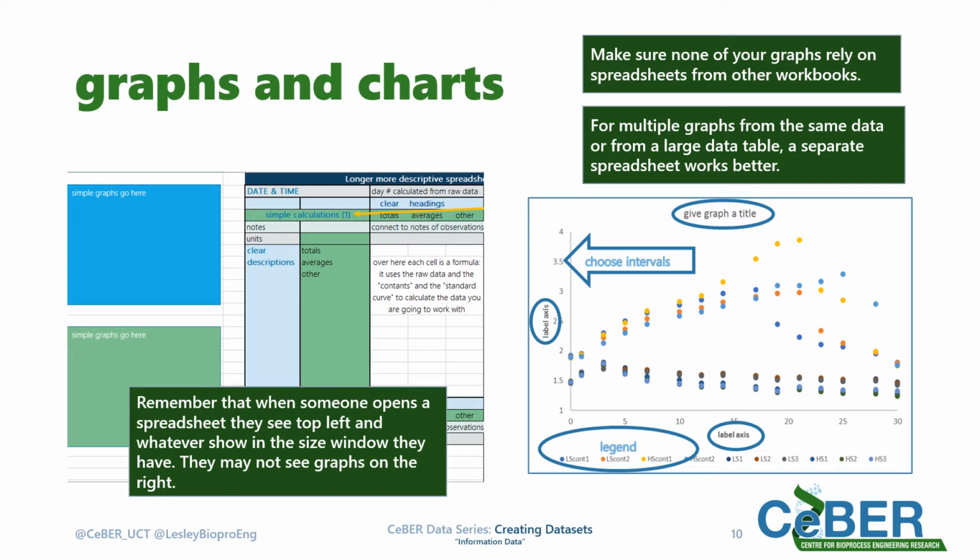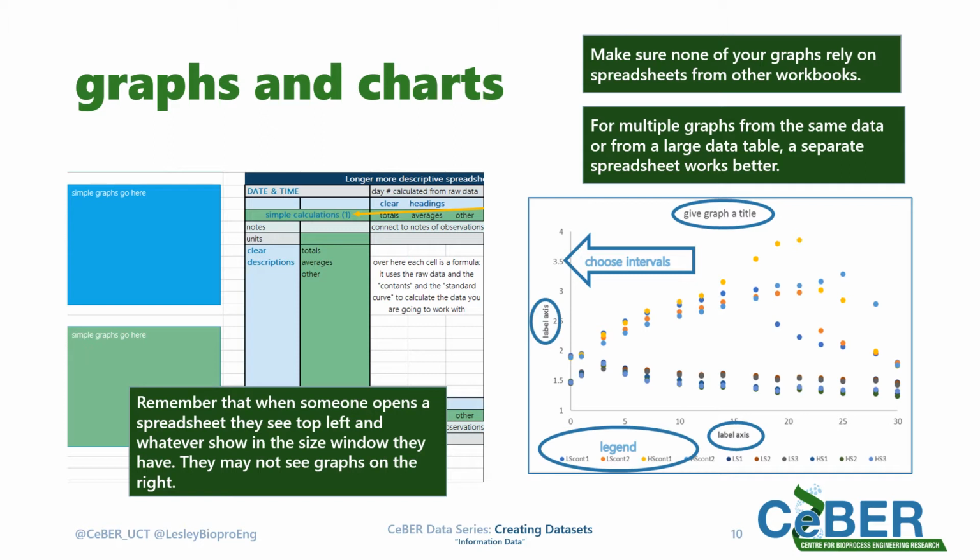Graphs and charts. These are another form of number information, obviously. If you're doing simple graphs and charts, you can put them on the left next to your table. Do put them on the left and not on the right, because nobody will know that they're there if they're on the right and sort of vanished.